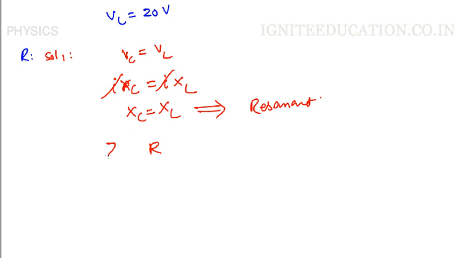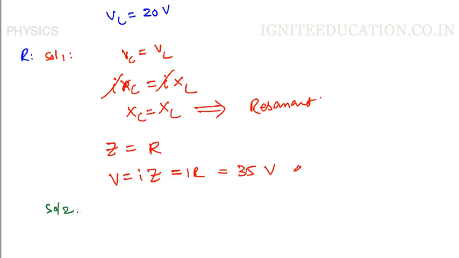So Z is equal to R. So V is equal to IZ, that is equal to IR, that is equal to 35 volts itself. That's all. This is one solution, and I'll go for another solution, solution 2.